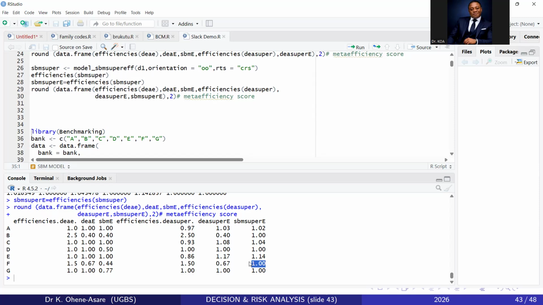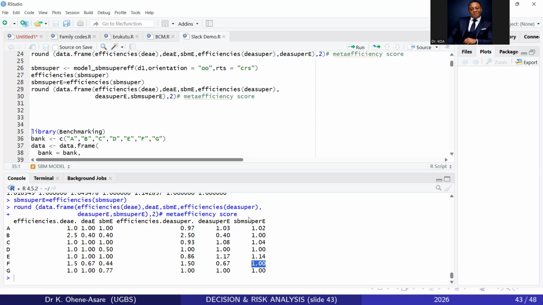Yes, Doc. And the reason is because it was not designed for the inefficient guys. So when you want to run it, don't consider the inefficient guys. Of course, you get a result for them, but focus on the efficient guys because the whole super efficiency was designed for efficient guys.